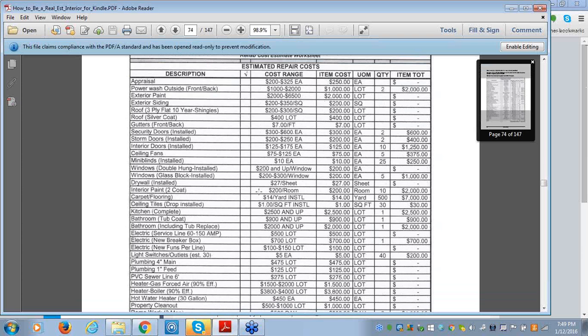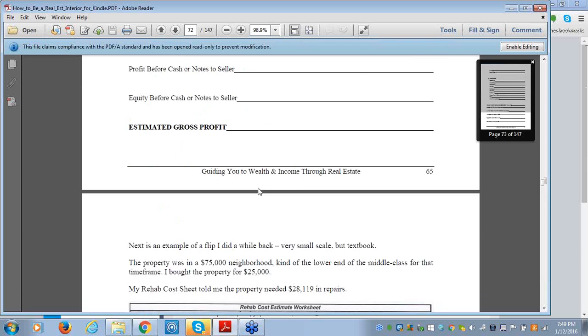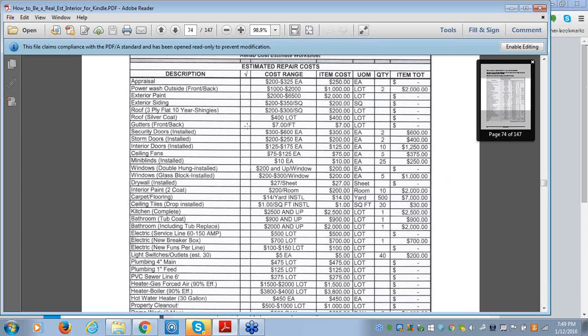Now here's an old version of one I used to use years ago. I would build a simple spreadsheet and take everything up here and put it down here. I would list all the different categories of things I would have to pay for: heater, boiler, plumbing, electric, ceiling tiles, windows, roof, you name it. It's all in there.